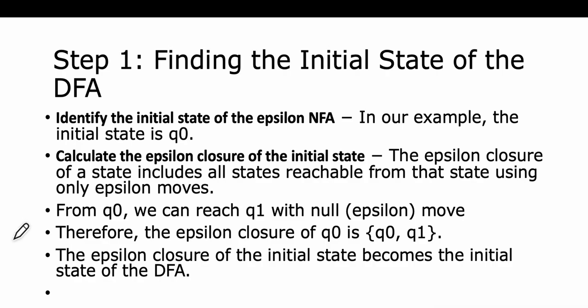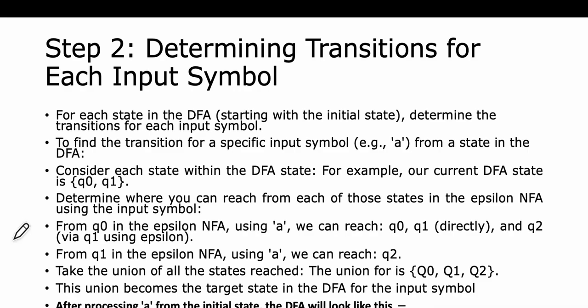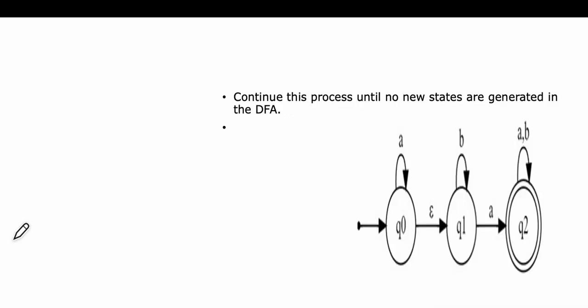So after calculating the epsilon closure of the initial state, that will serve as the initial state of the DFA. Here it is Q naught, Q1, so Q naught, Q1 becomes the initial state of the DFA.